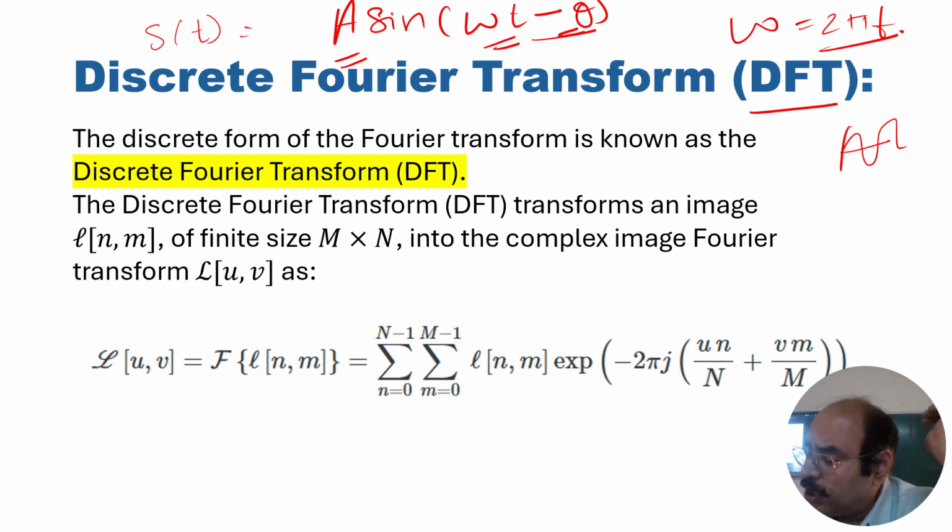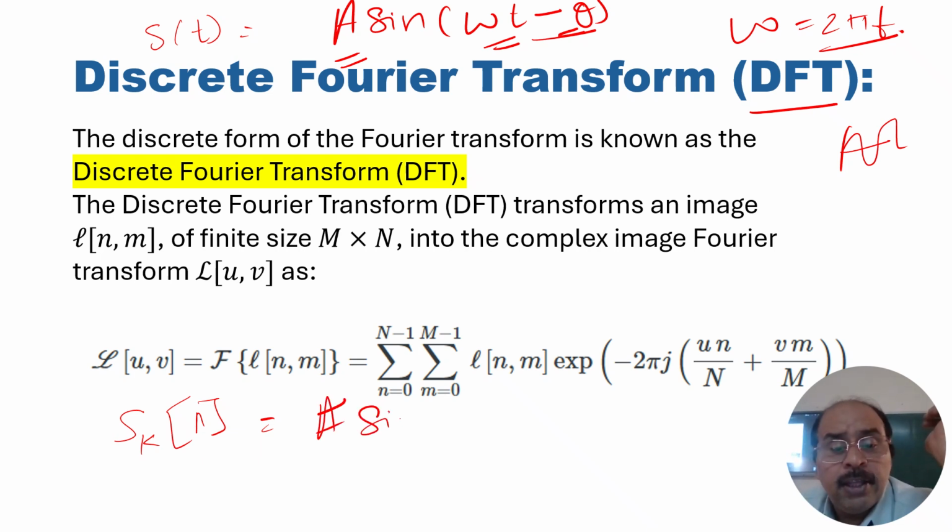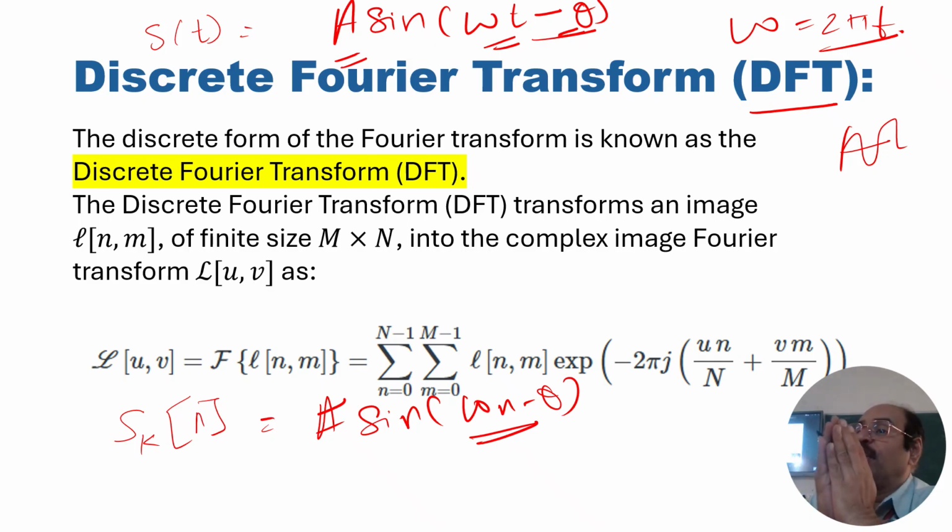Okay, now we have its discrete form. The same signal can be represented as S of n, say for example, is equal to A sine omega n minus theta. So here n means discrete points, or discrete points of time.